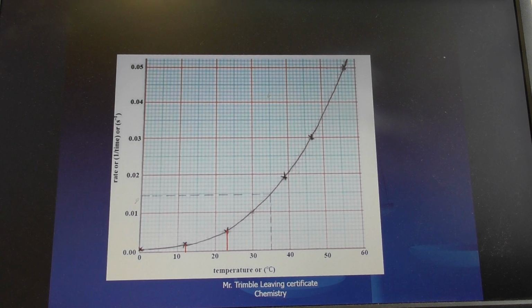Another temperature was taken at 39, then another one at 47, and finally another one at 57 degrees. So each of those times were taken, and then the time for the X to obscure was plotted and divided into 1, giving you 1 over time, and that's the kind of curve you end up with.